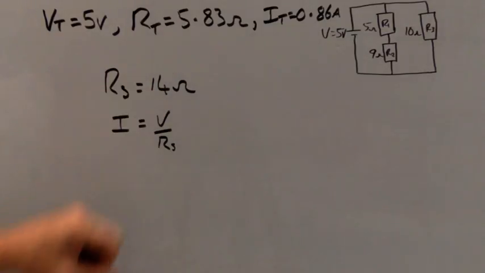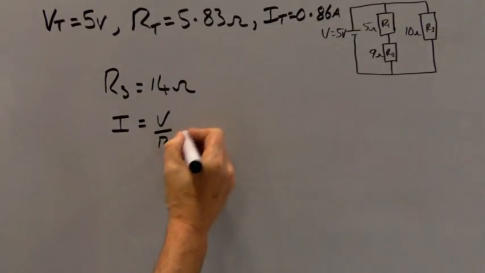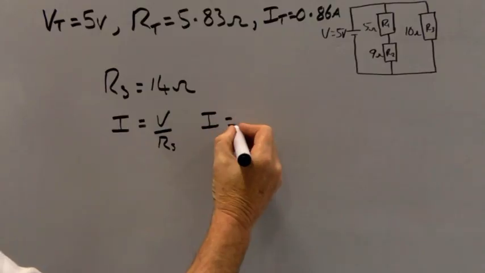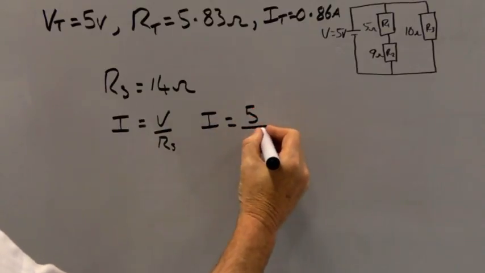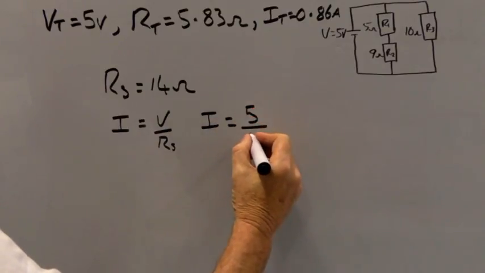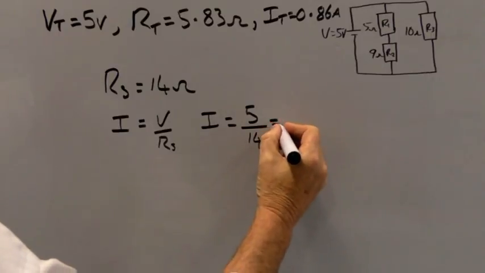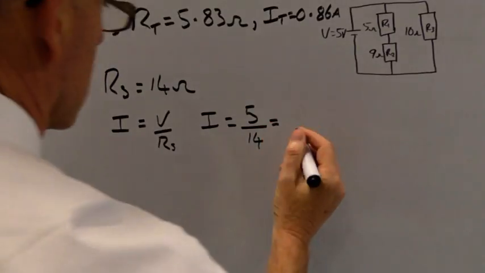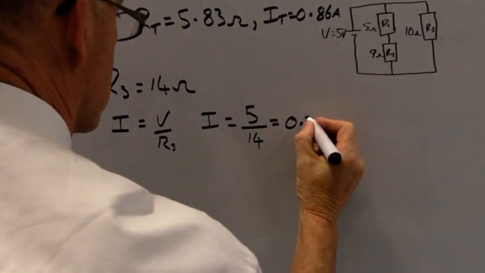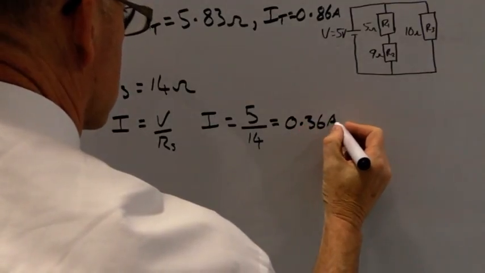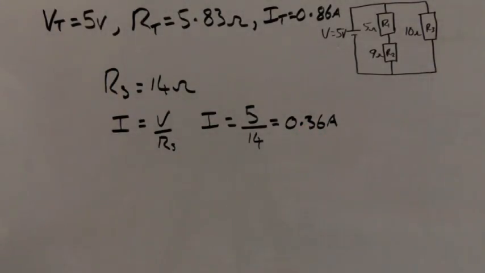V is 5 volts, so I equals 5 divided by 14, and that equals 0.36 amps.